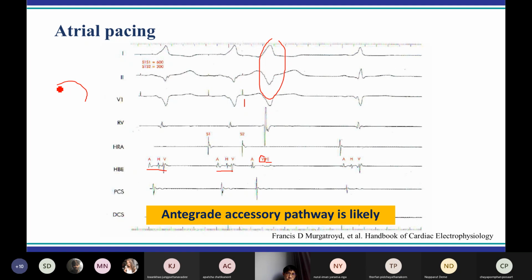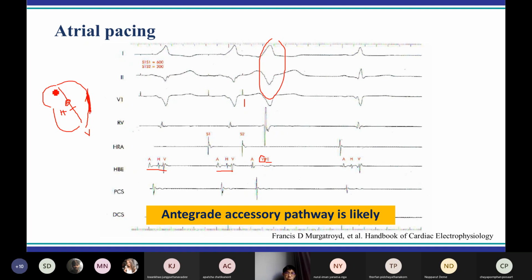So this is the patient's heart, and the AV node is here. Here is the His, and here is the V, and here is the accessory pathway.